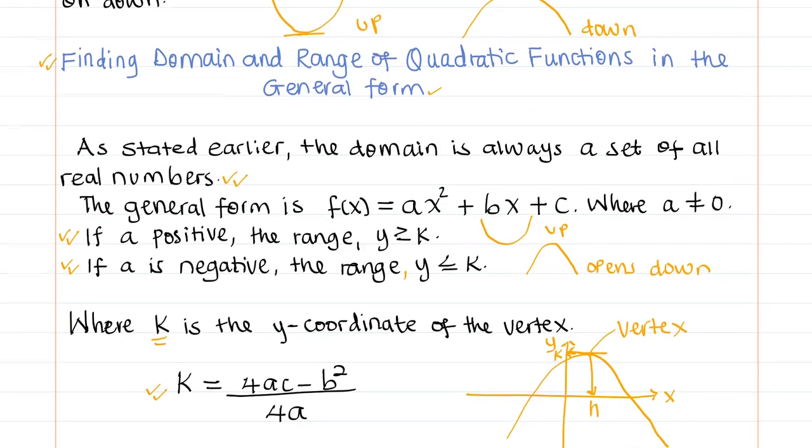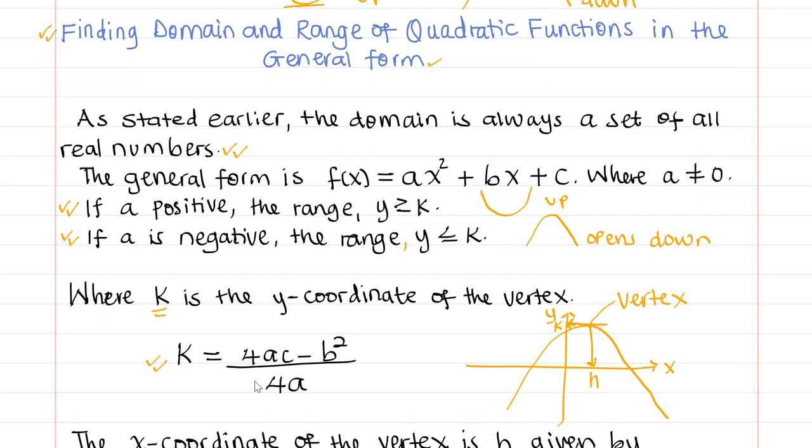Therefore, we shall be going to examples, and by the time we do the last example on the general form, you shall be in a position to clearly understand and visualize what we mean when we talk about the domain and the range of quadratic functions in the general form. Otherwise, thank you.